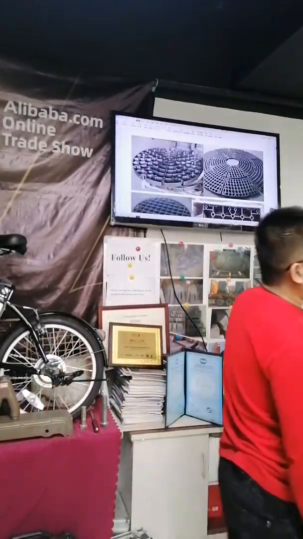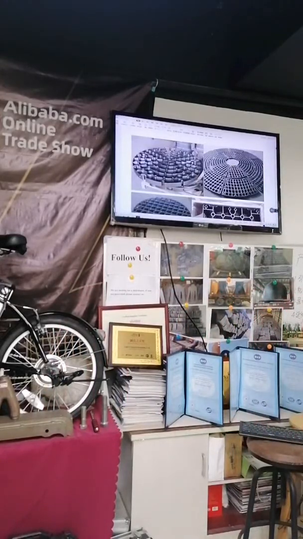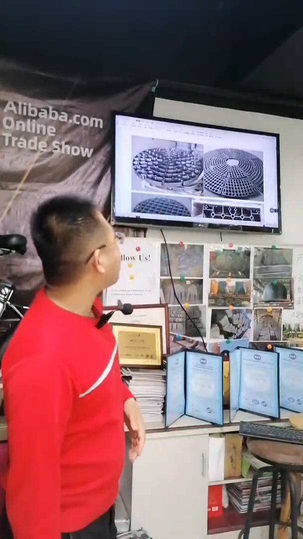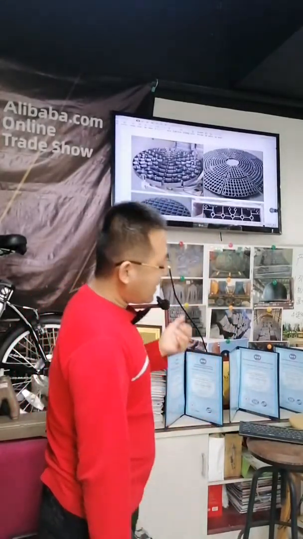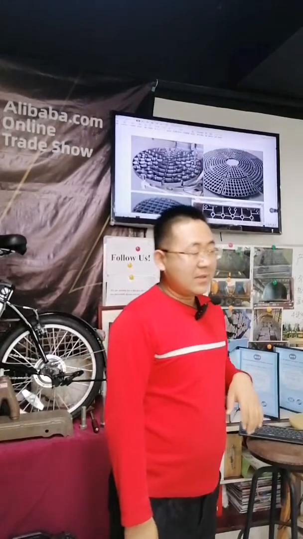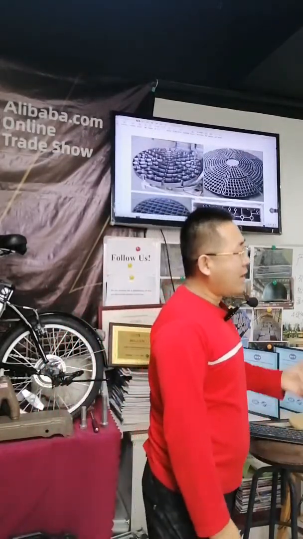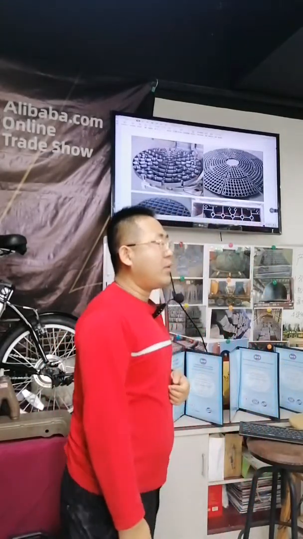The first one, the size is about OD 660, about 960, and the height is about 2 inches, also is 6.5 millimeters. This tray material is important for it.